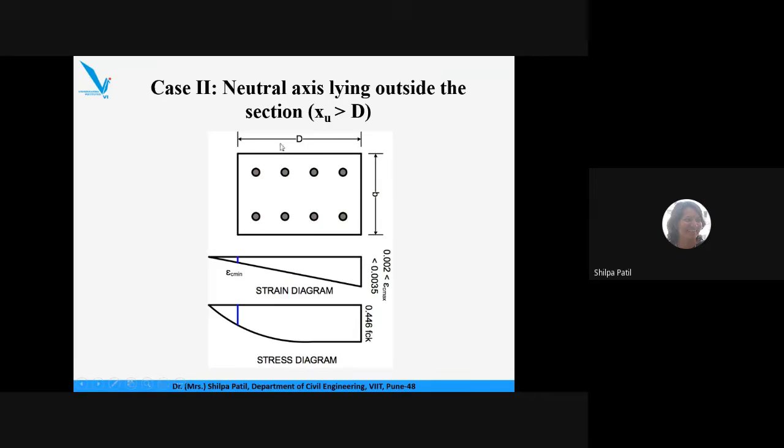So the strain developed in this particular column section will be the combination of strain developed due to load and developed due to bending moment. So the value ranges between 0.002, which is for pure compression, and 0.0035, which is for pure flexure. Okay, so this is the strain which ranges between these two values on the side of the load, and on the opposite side of the load, the strain value will be minimum.